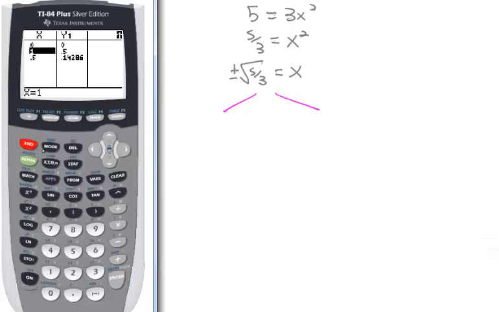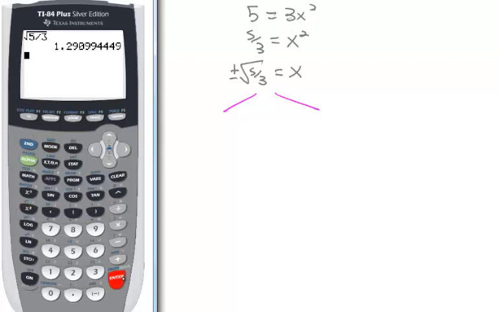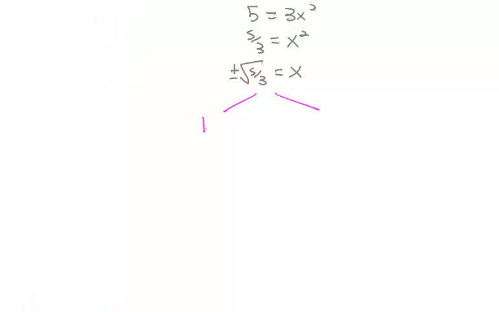Calculators, second quit, second square root of 5 divided by 3 is about 1.29. So it's 1.29 or negative 1.29, which means we need to know what f of 1.29 is and f of negative 1.29.